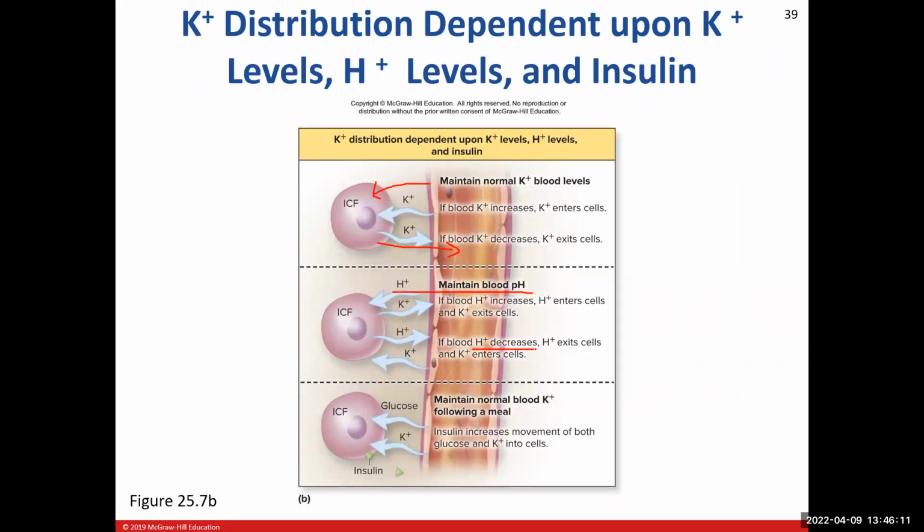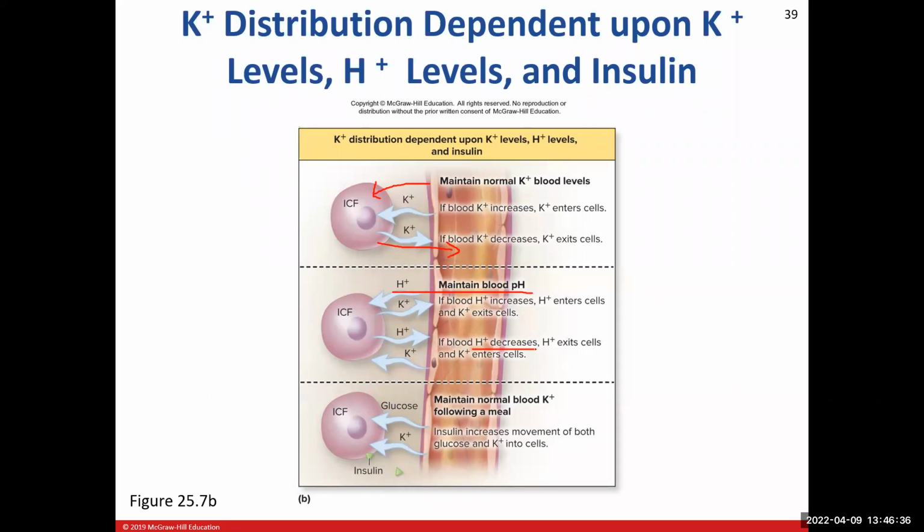And in doing so, we're going to swap out one cation for another. So as the hydrogen ion is coming out of the ICF, then our potassium ions have to enter into the ICF.